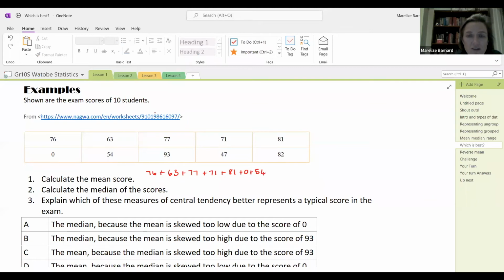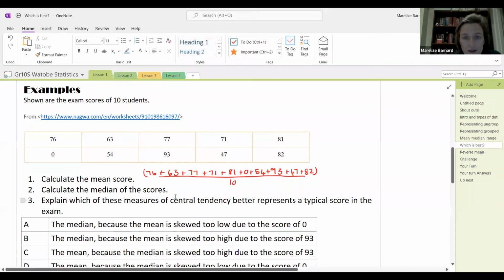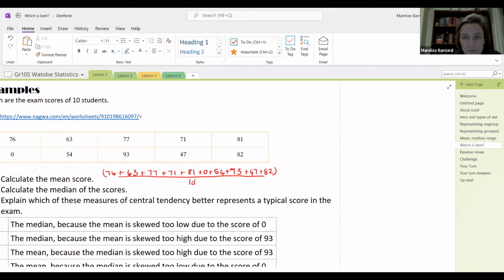So even though there is a data value of 0, we still count that data value. Someone got 0 for their exam. Poor person. No one here is going to get 0 for the exam. Okay, and that gives me 64.4.